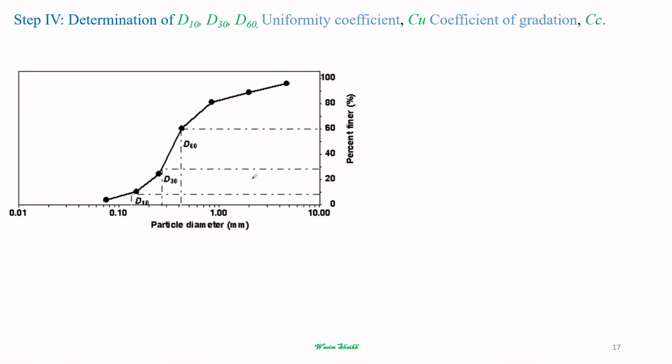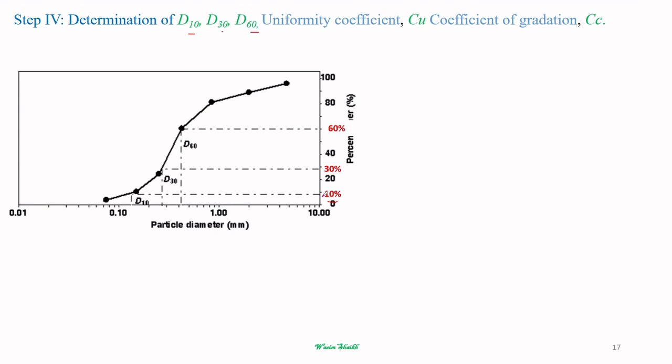Now how do we determine D10, D30 and D60? The first thing we should do is mark where 10%, 30% and 60% are. Corresponding to these, I'll mark 10, 30 and 60 on my y-axis.